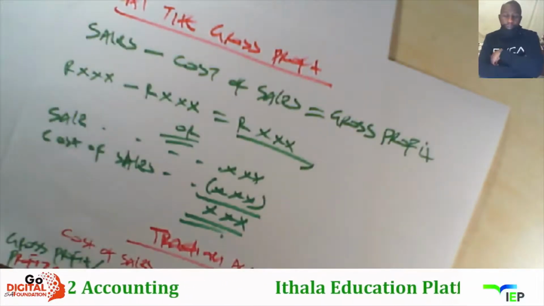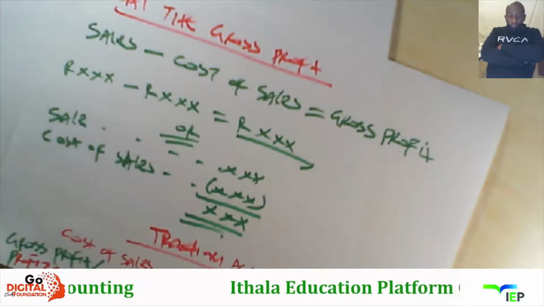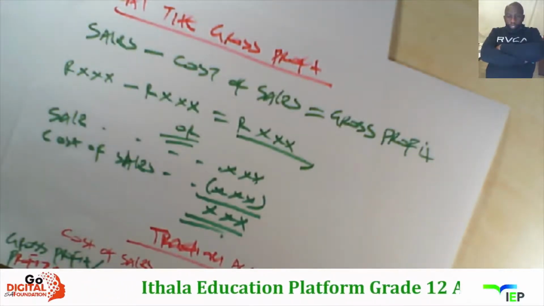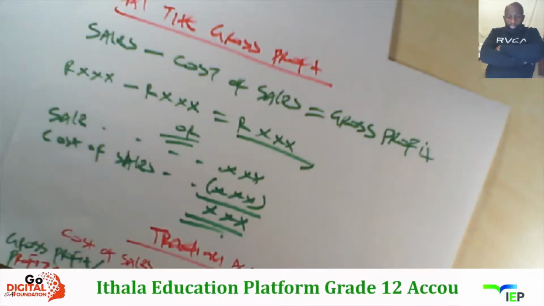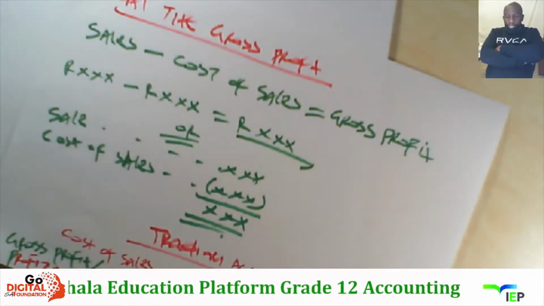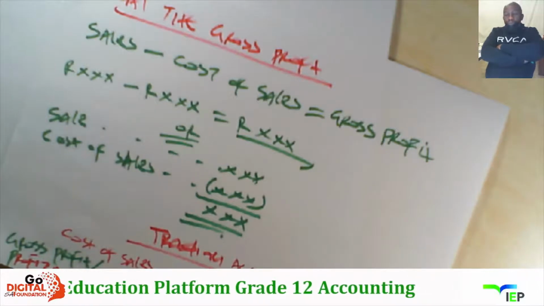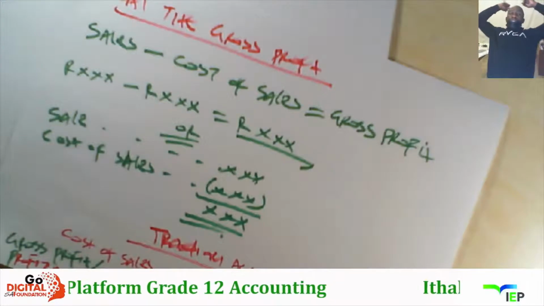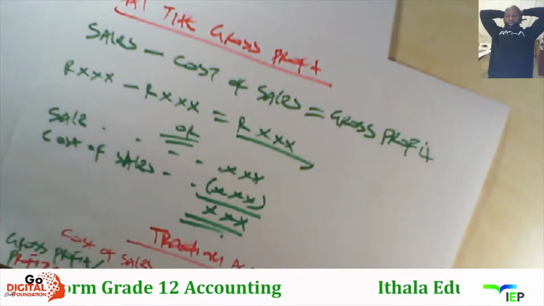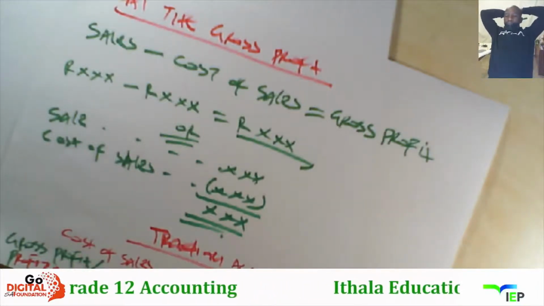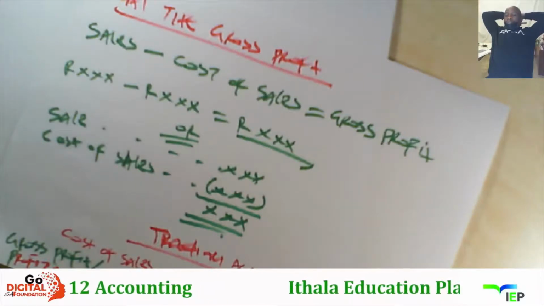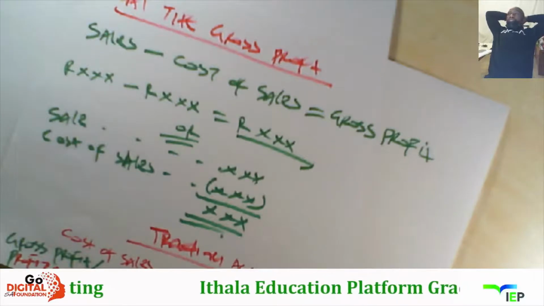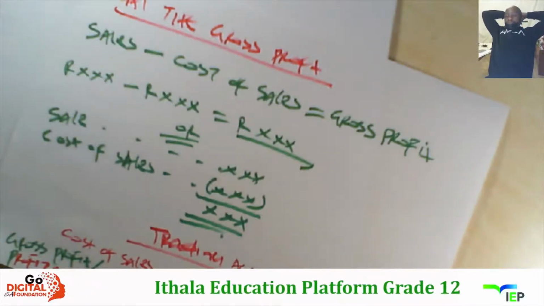And then the last one, calculate the gross profit. Here, you have to say sales minus cost of sales is equal to gross profit, right? You can write vertically or horizontally, it's up to you. Or you can do a trading account, a T form.